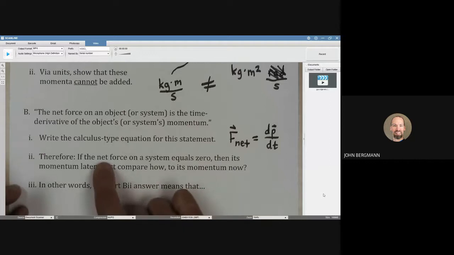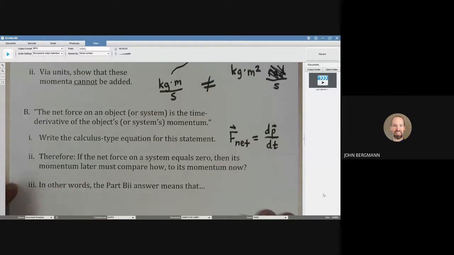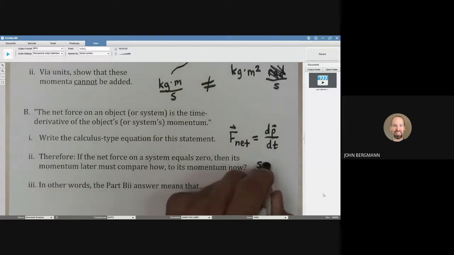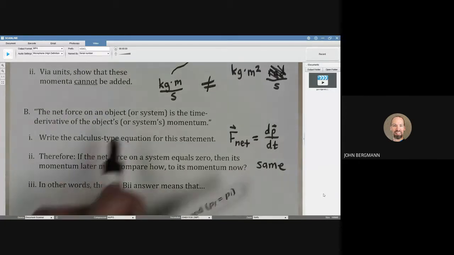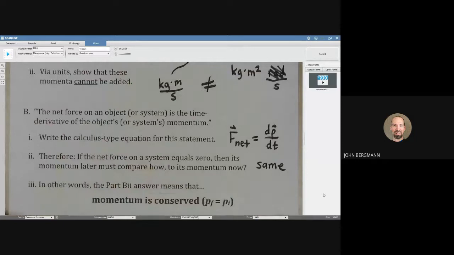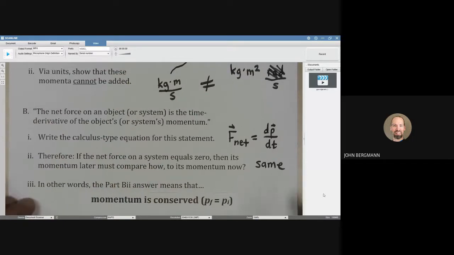Therefore, if the net force on a system equals 0, then its momentum later must compare how to its momentum now? They have to be the same. According to that equation, if the net force is equal to 0, that means that the momentum is not changing. So its momentum now and later must be the same. In other words, momentum is conserved if the net force is 0.